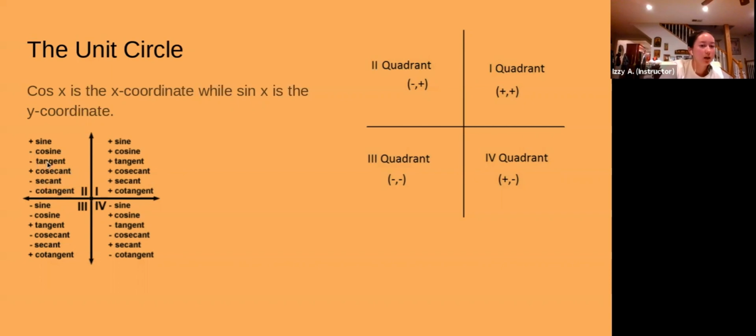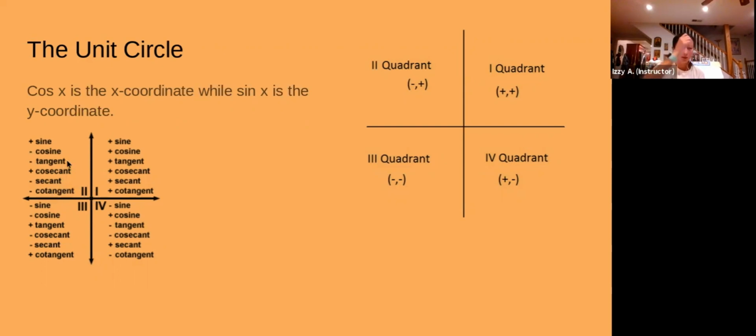And then finally, tangent and cotangent are going to be negative, because tangent is cosine over sine. If you divide a negative over a positive value, your overall value would be negative. So tangent would be a negative value, and then cotangent, because cotangent is equal to 1 over tangent, is also going to be negative.